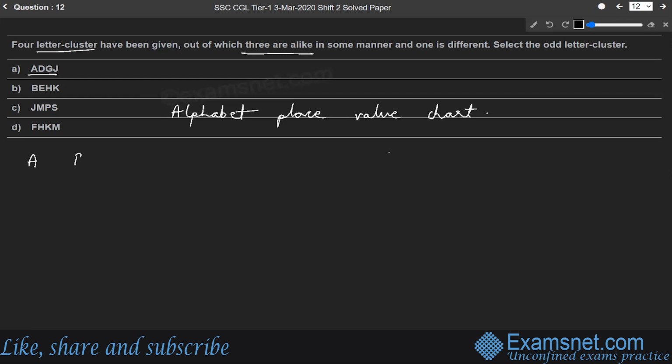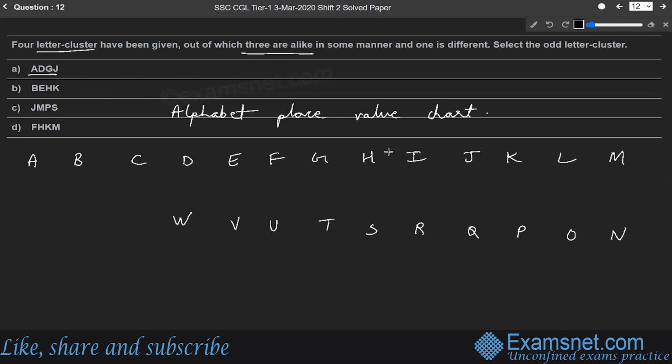So A, B, C, D, E, F, G, H, I, J, K, L, M, N, O, P, Q, R, S, T, U, V, W, X, Y, and Z.